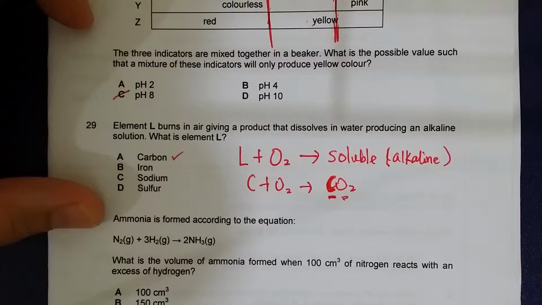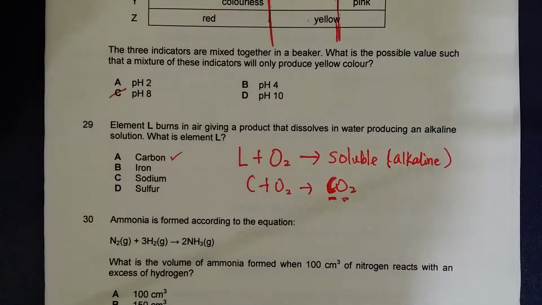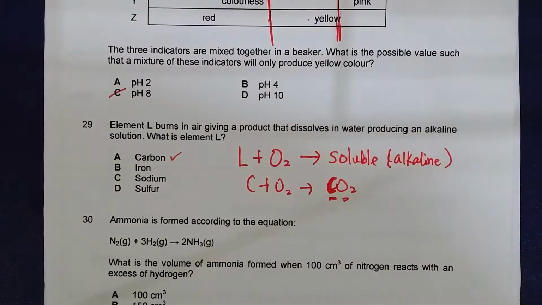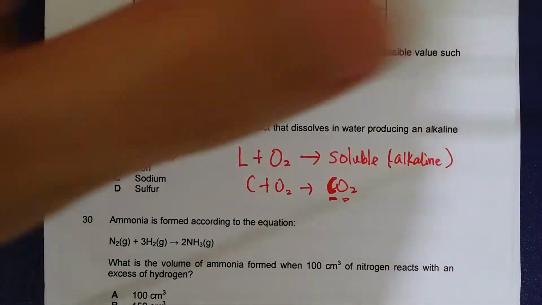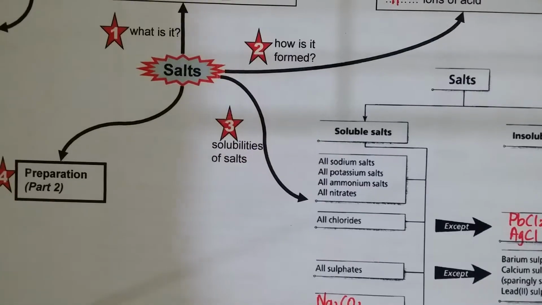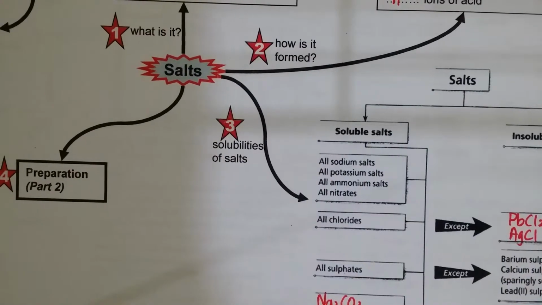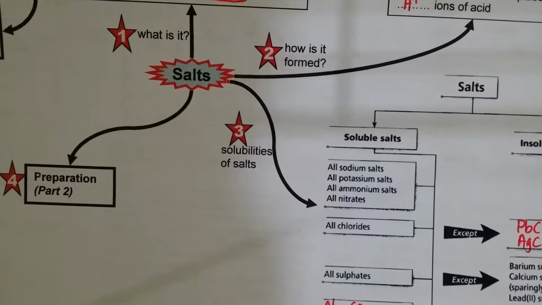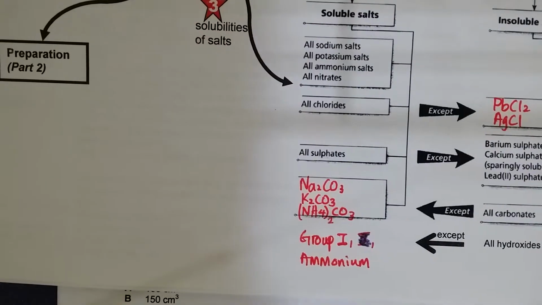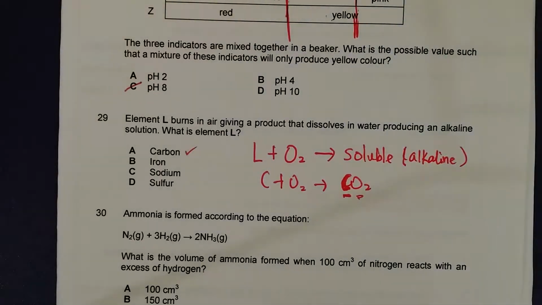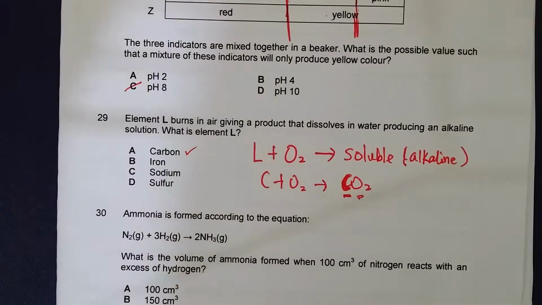From the solubility table, we know that all group 1 compounds, all group 1 salts are soluble. All sodium salts are soluble, which means that sodium oxide is soluble. When sodium oxide dissolves in water, sodium oxide being a what?